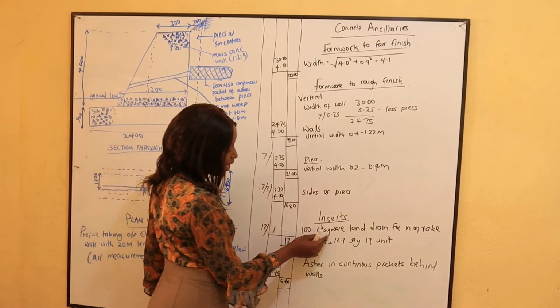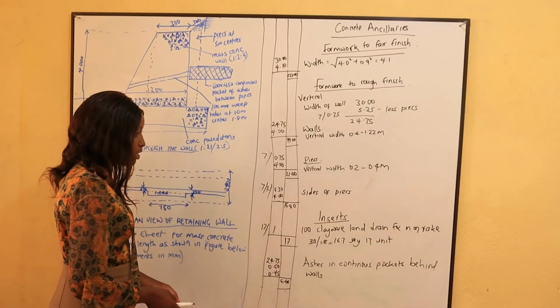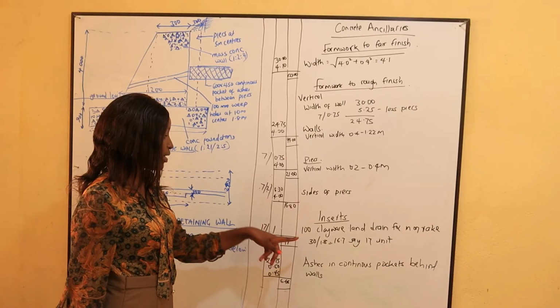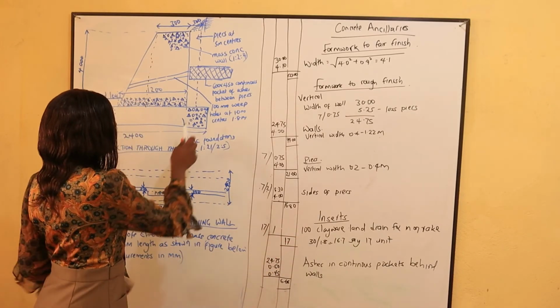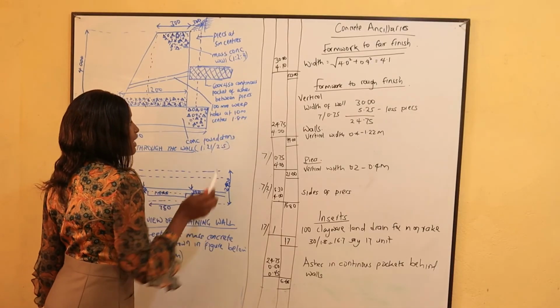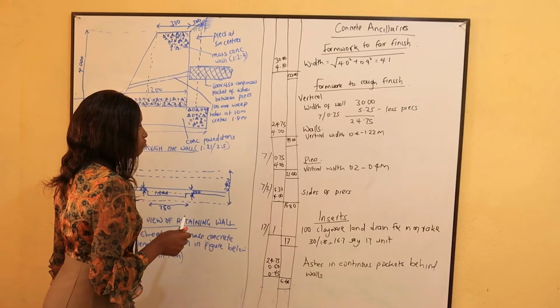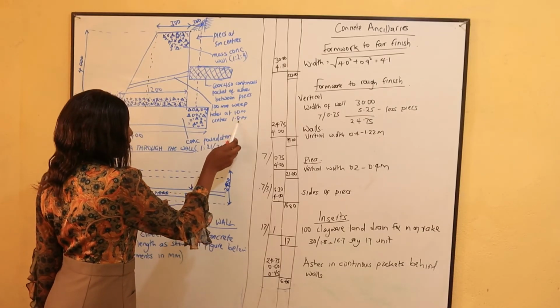It's 100 clayware land drain fixed in a rake. So how many drain pipes will we need? We are told here that the pipes are 100 millimeters weep holes at 1.8 meters centers.